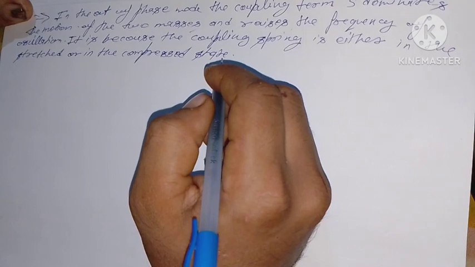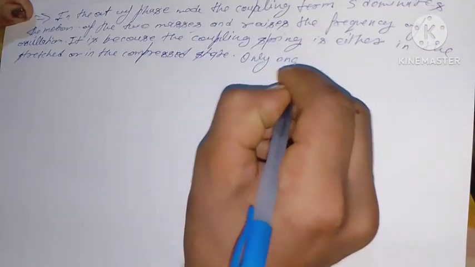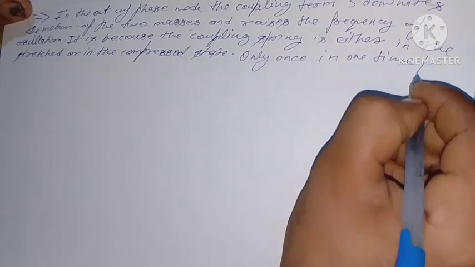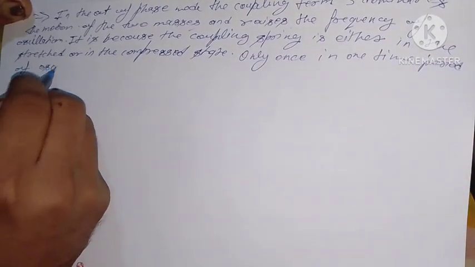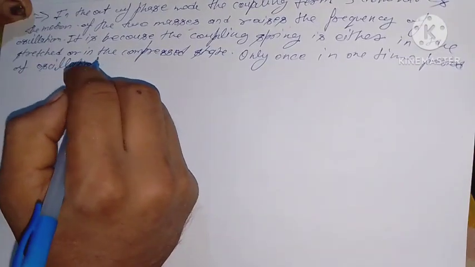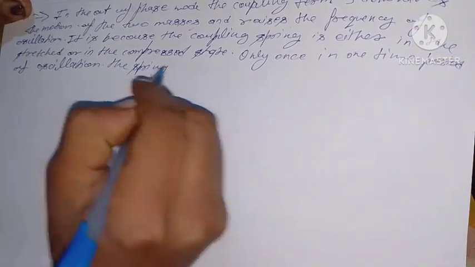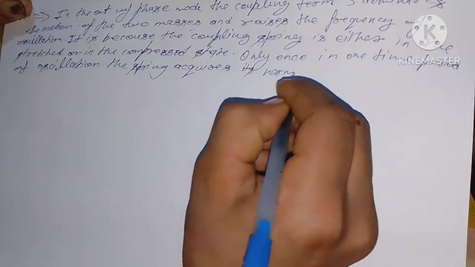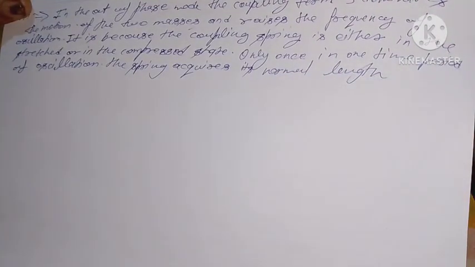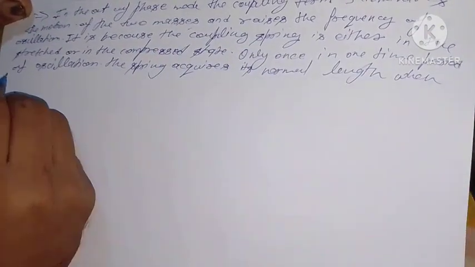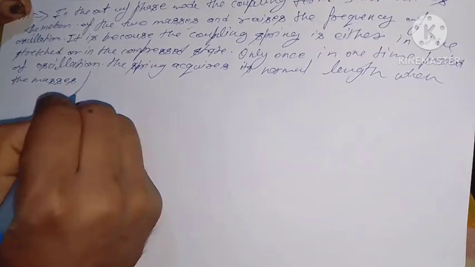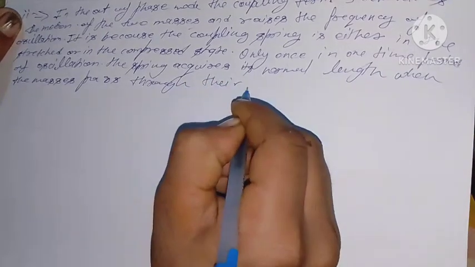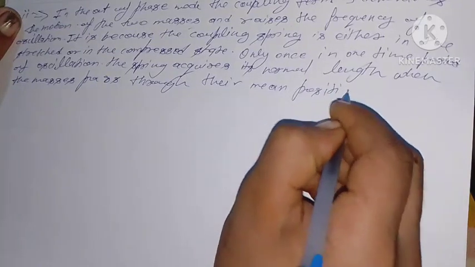Only once in one time period of oscillation, the spring acquires its normal length when the masses pass through their mean position. Okay.